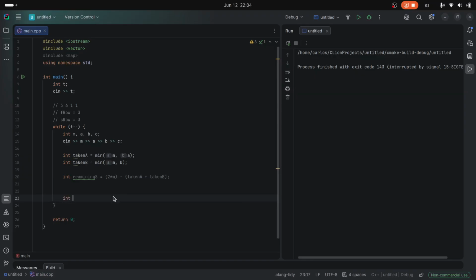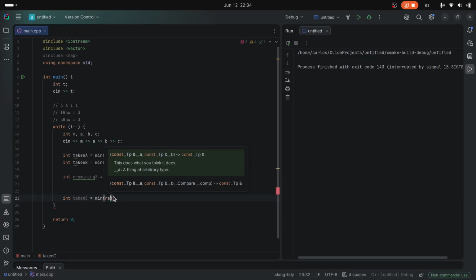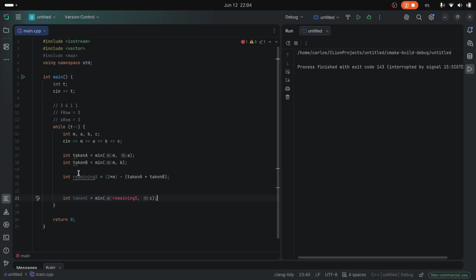So takenC is the minimum value of the remaining seats and c, to see how many of the c monkeys we can seat.